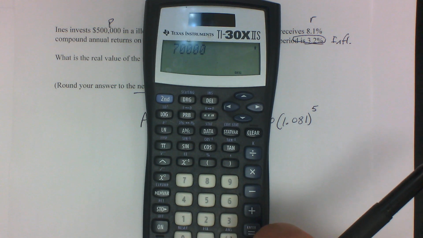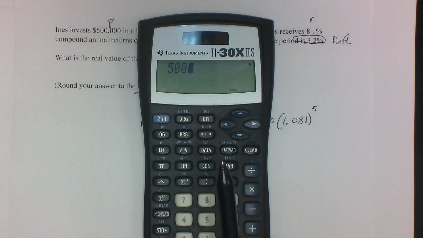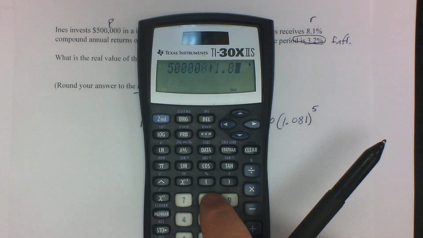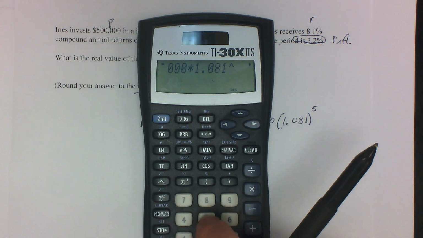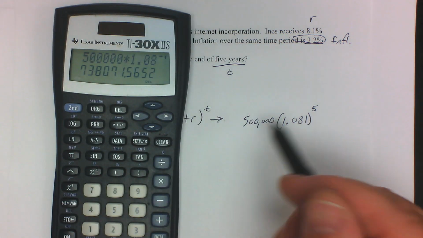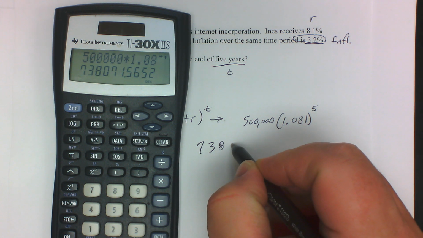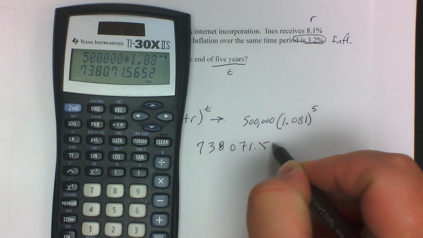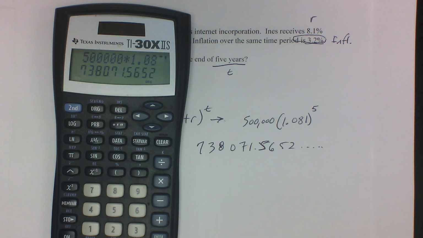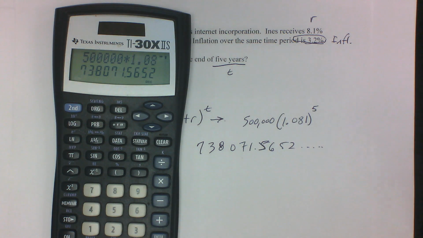So we've got 500,000 times 1.081 to the power of 5. That gives us 738,071.5652.